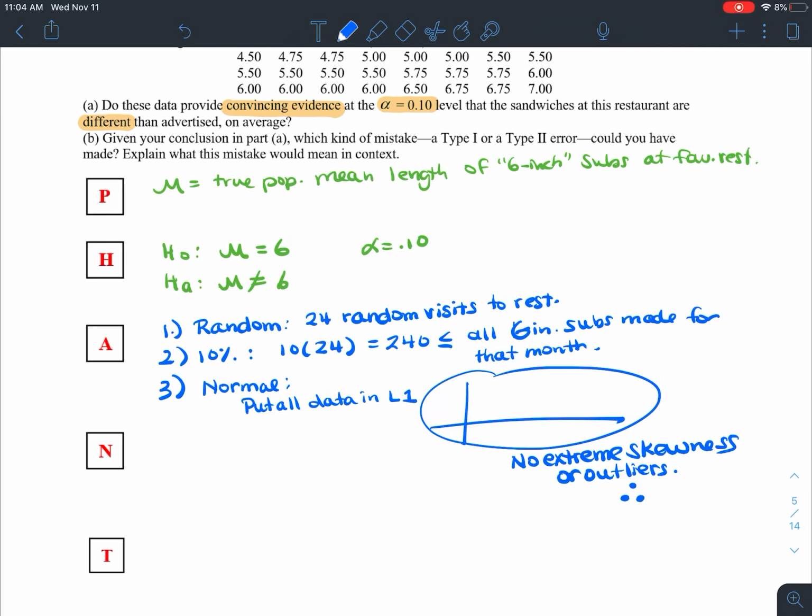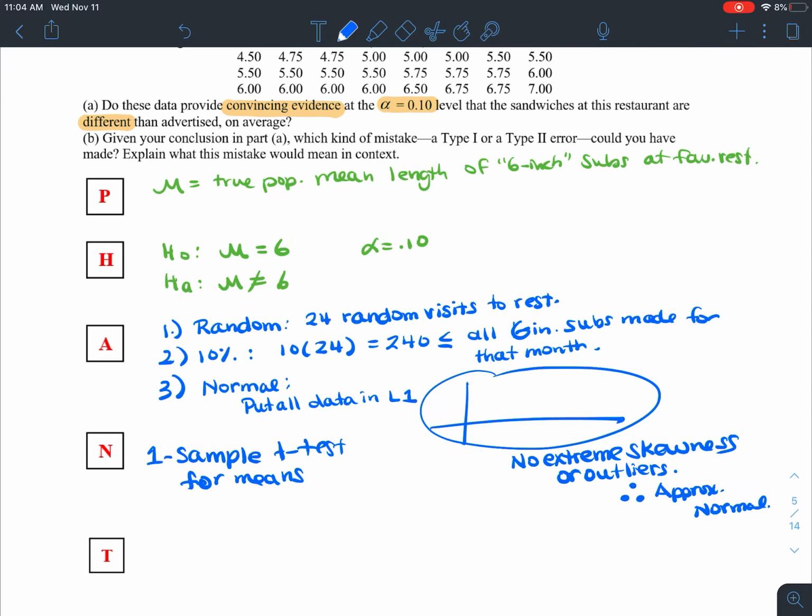Therefore, which is what those three triangles mean, it's approximately normal. So I've met that condition there. Now we're going to want that data still in L1 to help us with something later, but we've checked off all of our conditions. So now we're going to name our test. Our test is a one sample t-test for means.